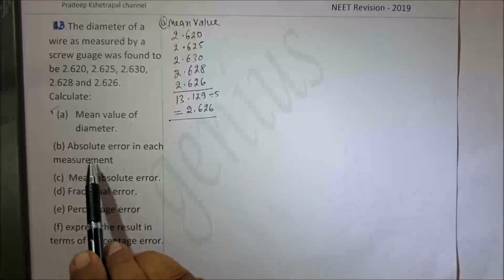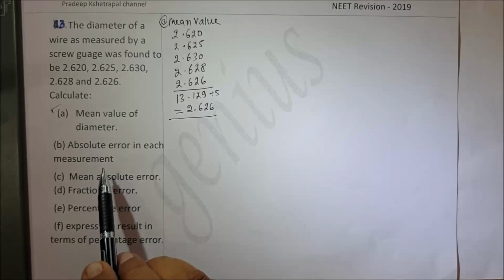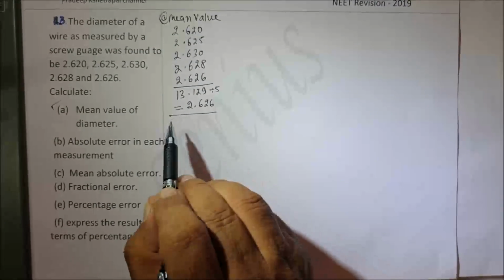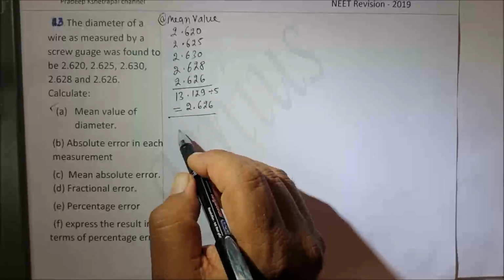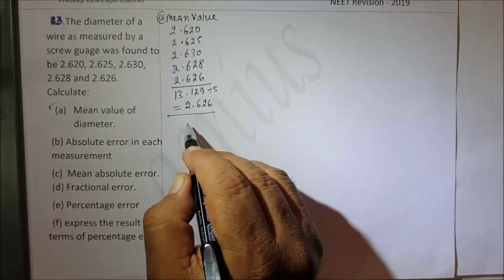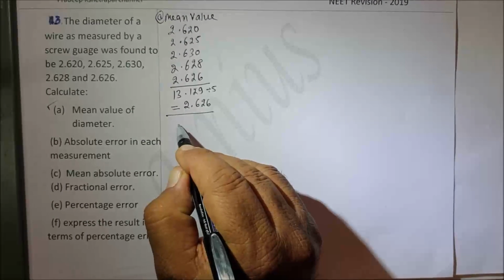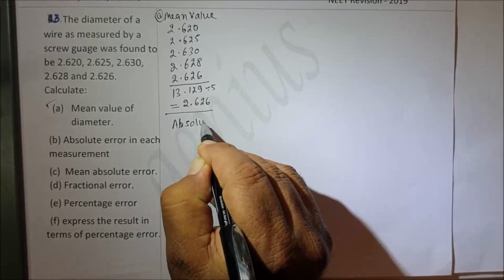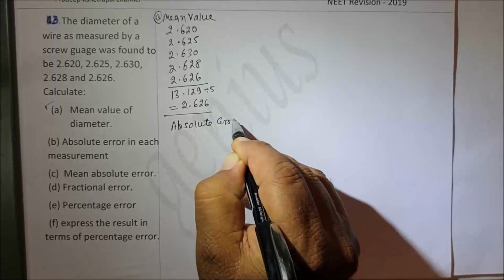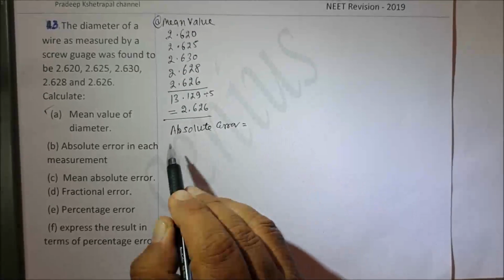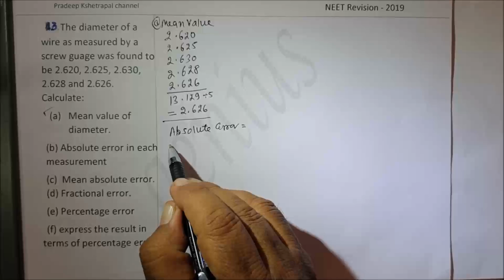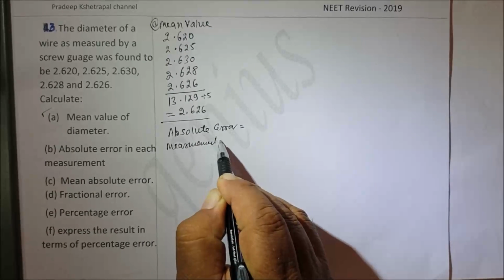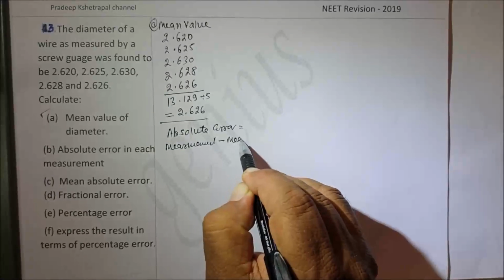Now, next thing we have to find absolute error in each measurement. That means each measurement minus mean value. So first we write the formula: absolute error is equal to measurement minus mean value.